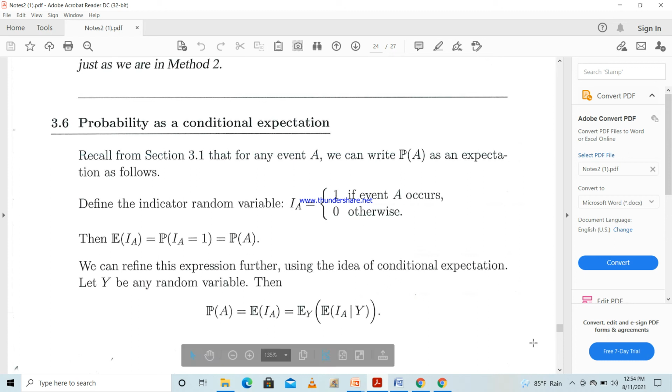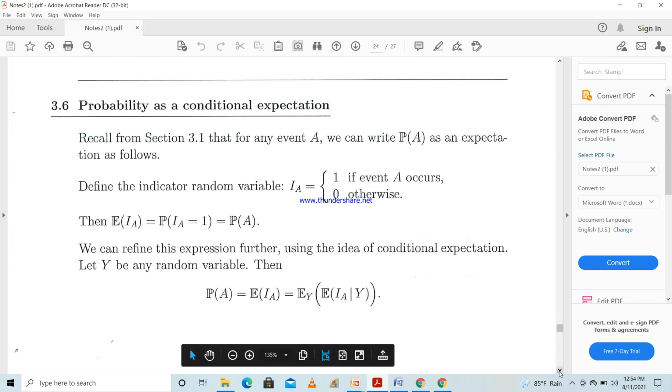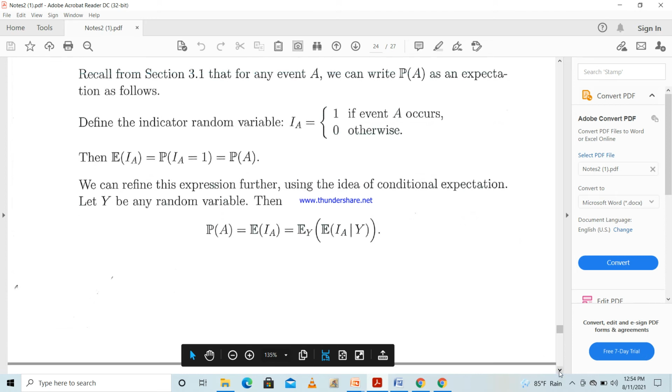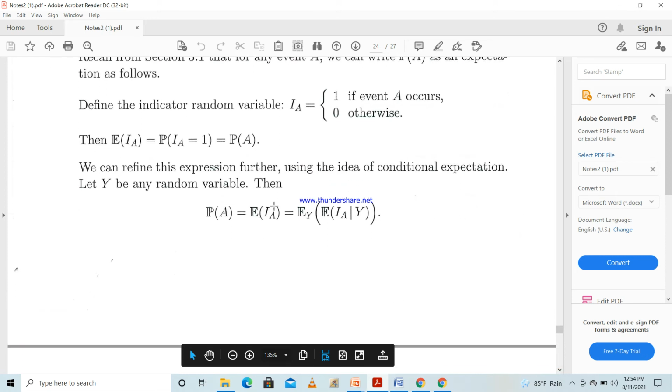So if we consider the conditional expectation, if this indicator random variable has a condition, then the probability of A is equal to the expected value of I_A.